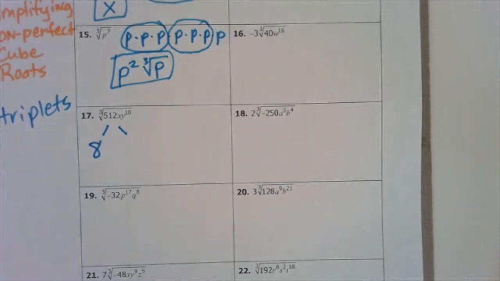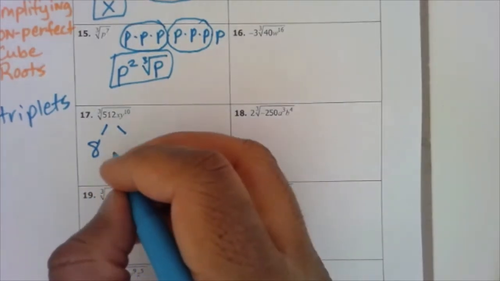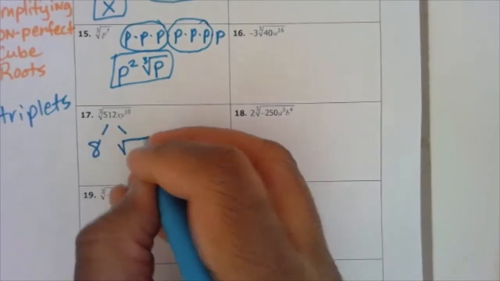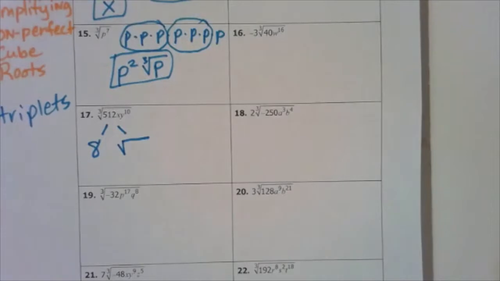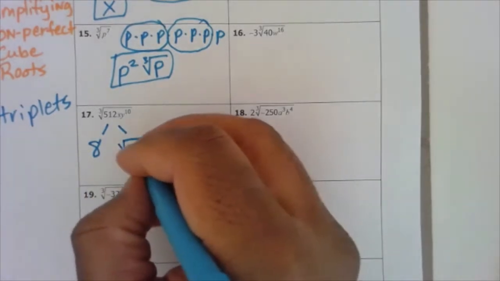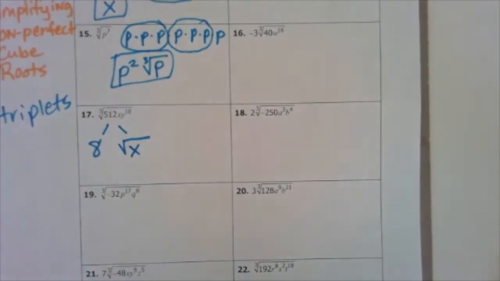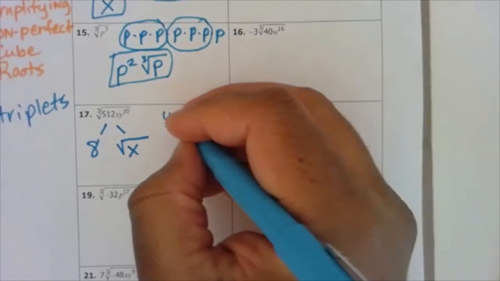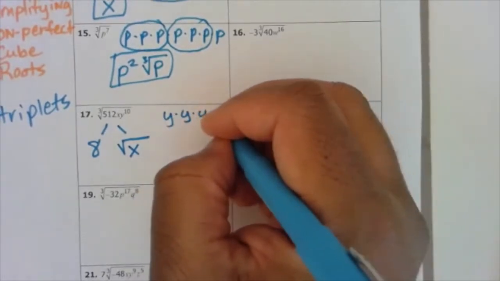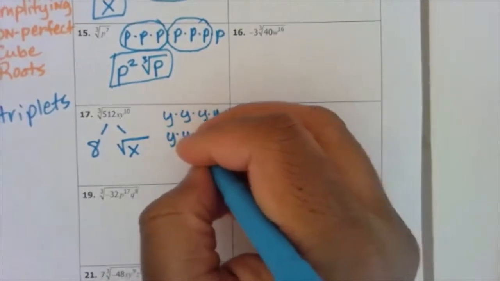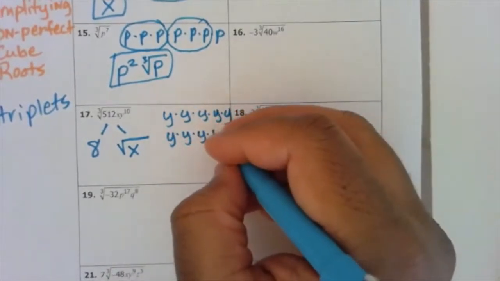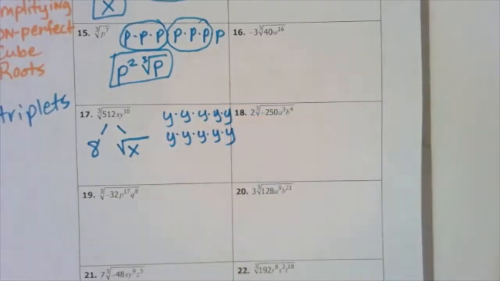But what I can break down are those variables. So let's go ahead and give that a shot. So I have x, and then I have a y to the 10th power. Well, if I look at the x, there are no triplets here. It's just the lone x. So that lone x is going to stay on the inside. But what about y to the 10th? So I could write that down 10 times, which might be a little bit difficult if, for instance, you have some bigger numbers.